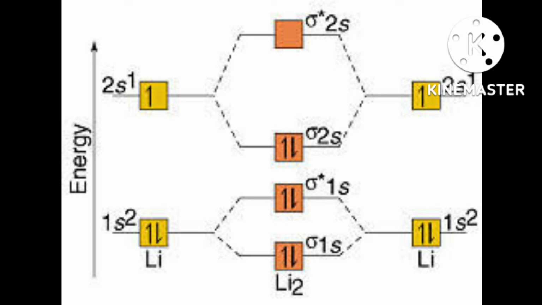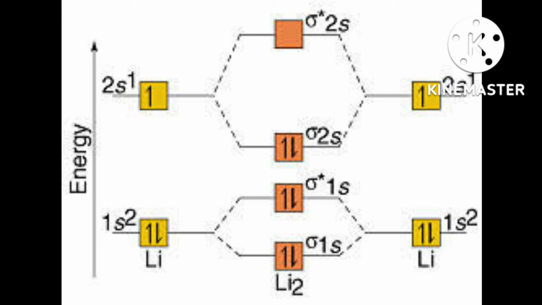I already told you, 2s has 2 electrons and 2p has 6 electrons, total 8 electrons. Then for the 8 orbitals, 8 molecular orbitals will be there.